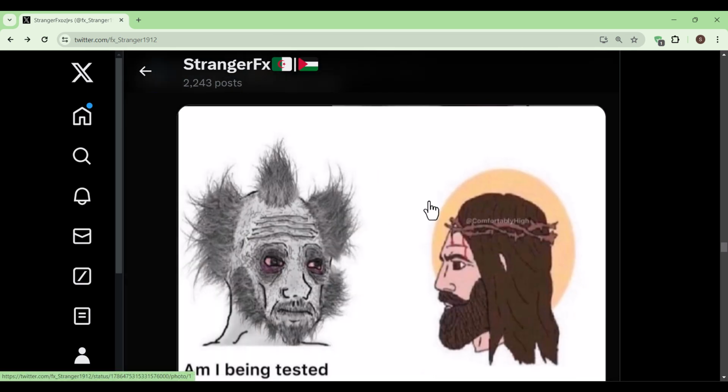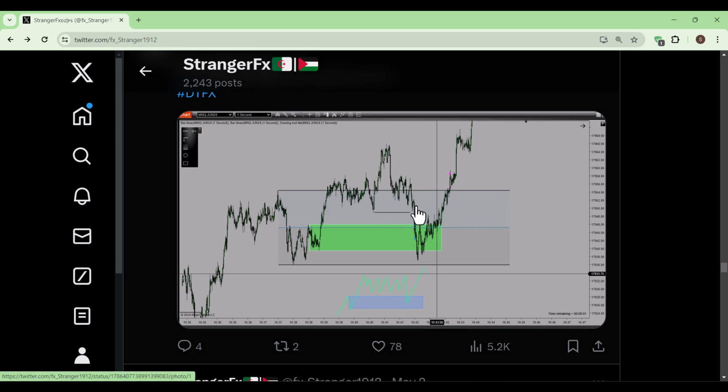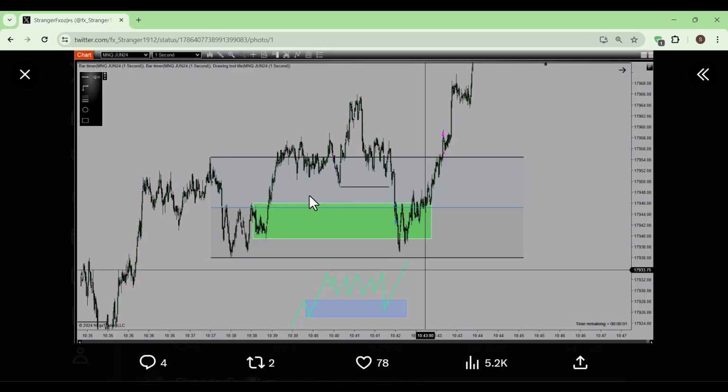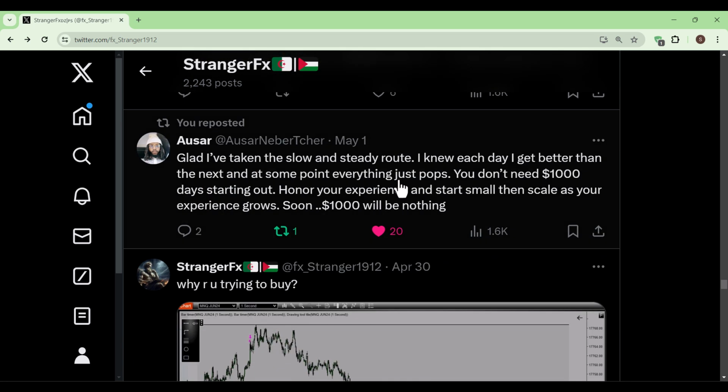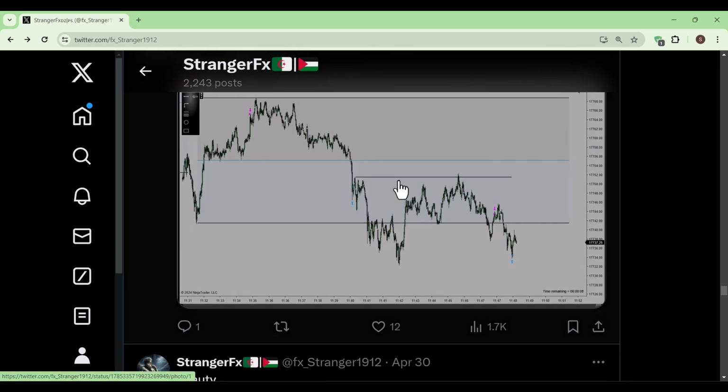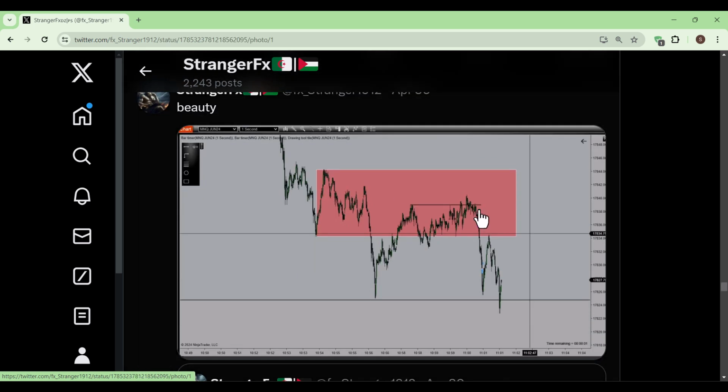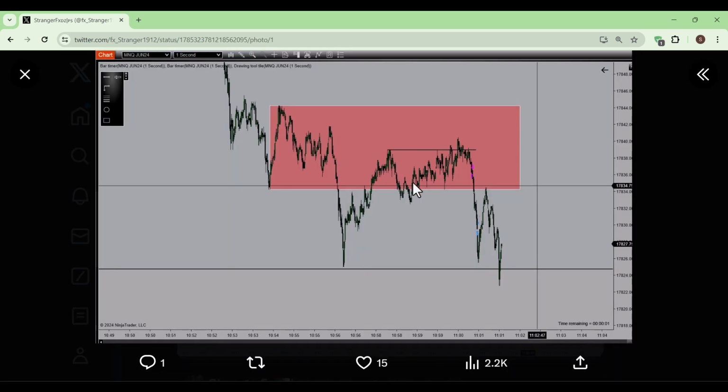Let's take a look at another example. Another example, as you can see, building liquidity, unmitigated zone, taps into it, and notice how heavily price rejected to the upside. Let's see if we have another example. Another example, as you can see, building liquidity, sweep, and then heavily rejecting to the downside.